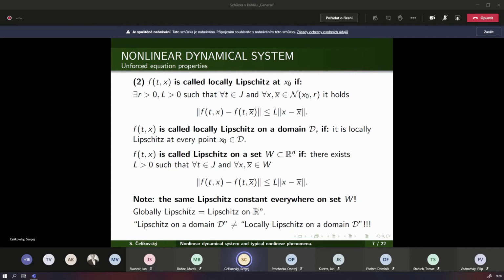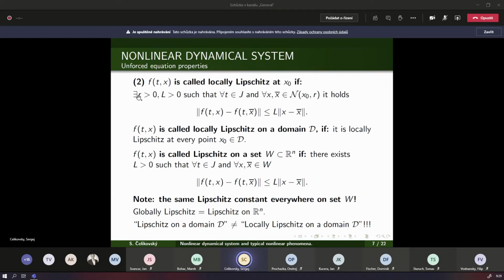So this property is then called locally Lipschitz on domain D. So more precisely, f(t, x) is then called locally Lipschitz on domain D. So, okay, f of t is called locally Lipschitz at x0 if this is valid only in some ball-like neighborhood.